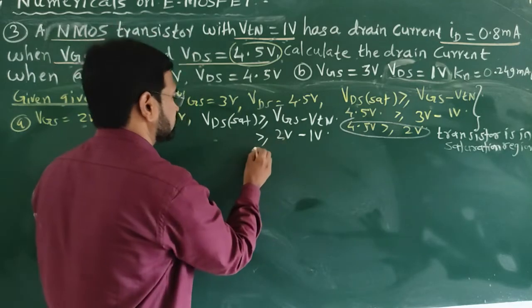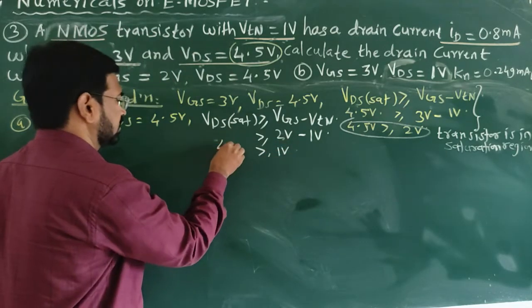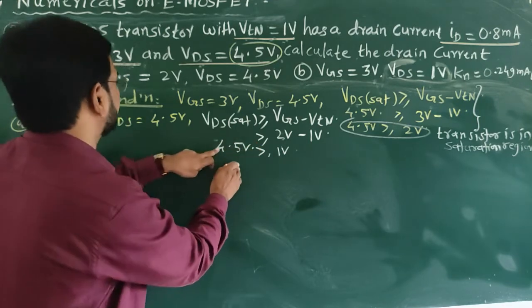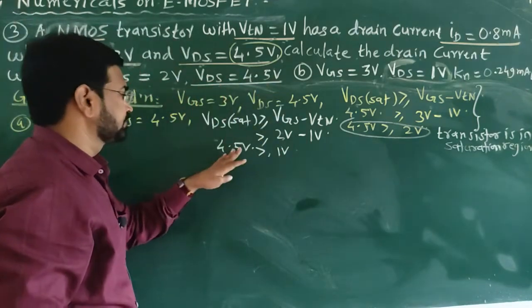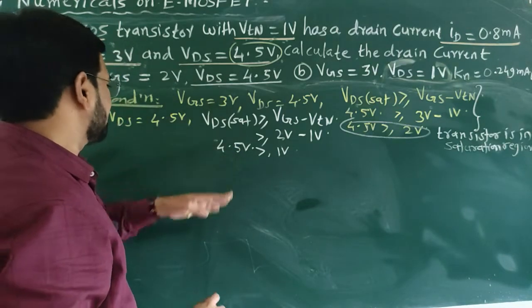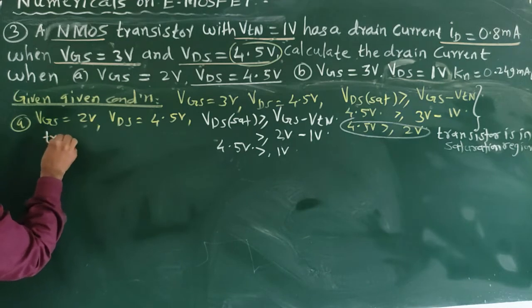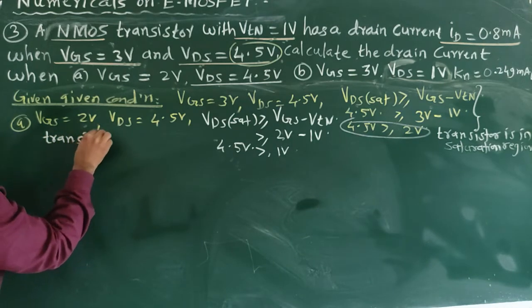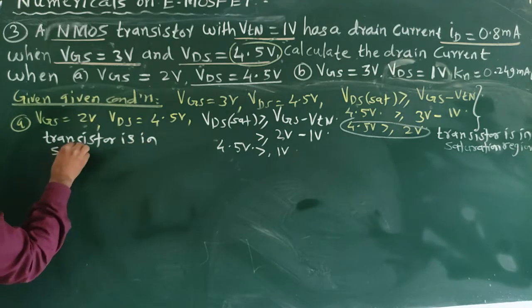So, it is 2 minus 1, it is 1 volt, and VDS is 4.5 volt, as mentioned here. So, this is true. It means transistor is in saturation region.